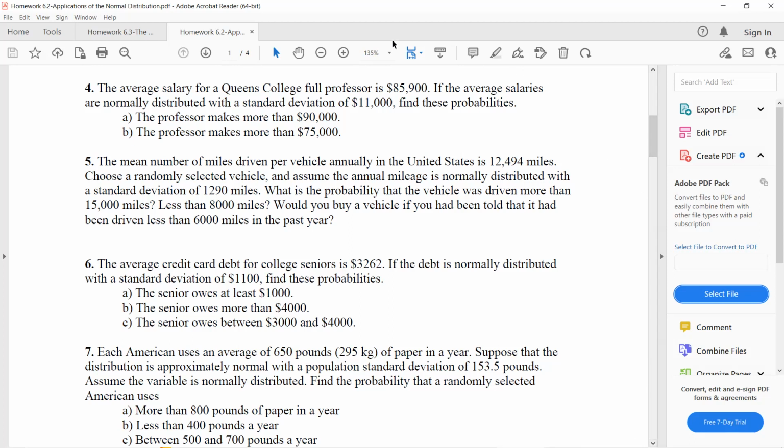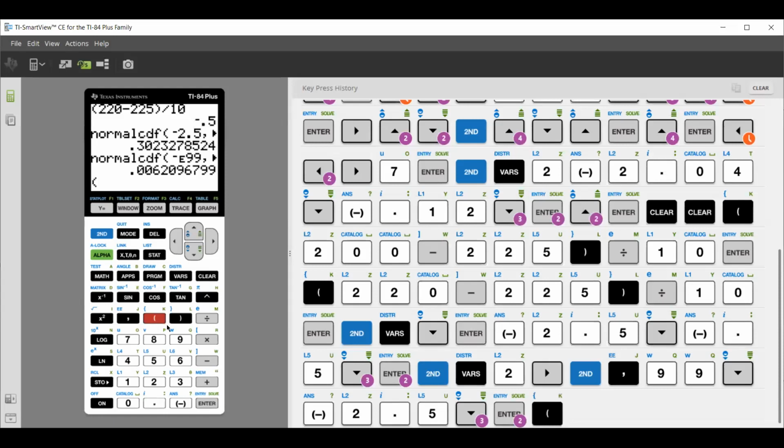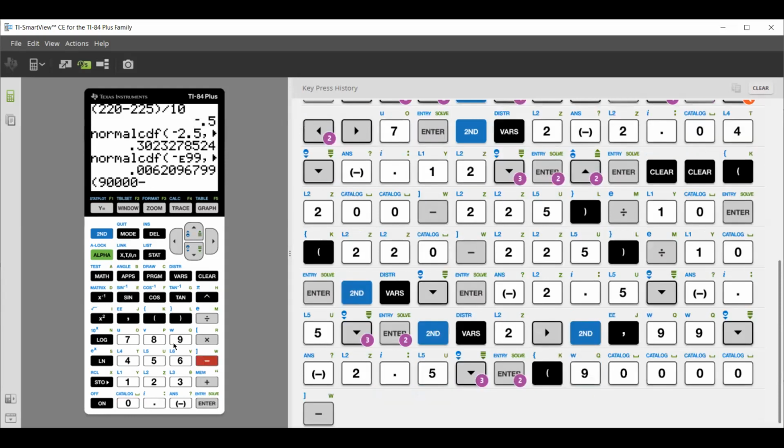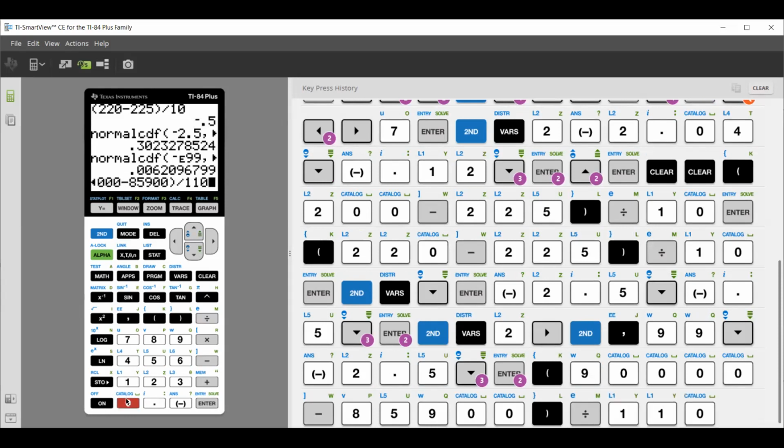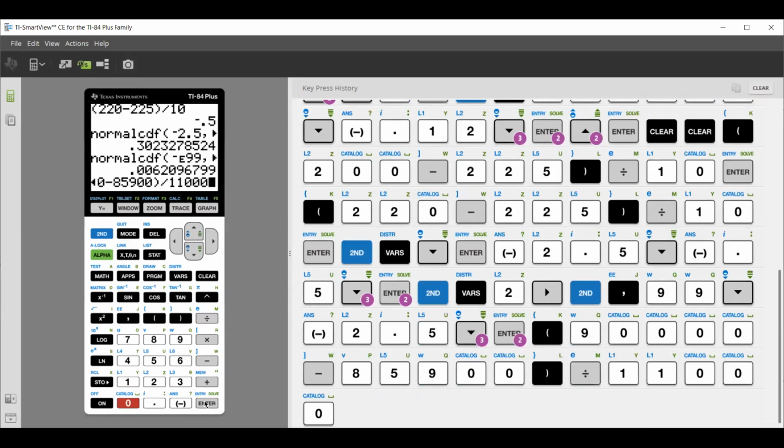Good. Divided by 11,000. Perfect. So then this is 90,000 minus 85,900 divided by 11,000. And that gives us, I have 0.37. Is that what you got?